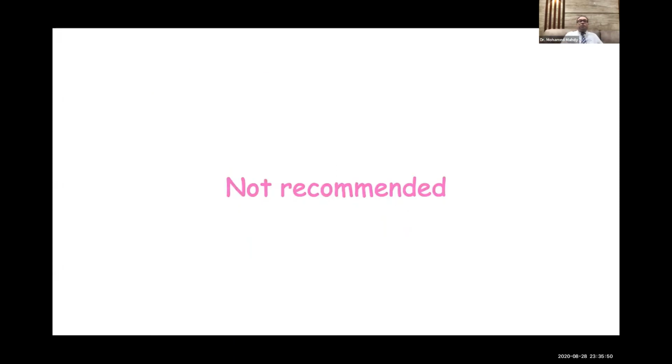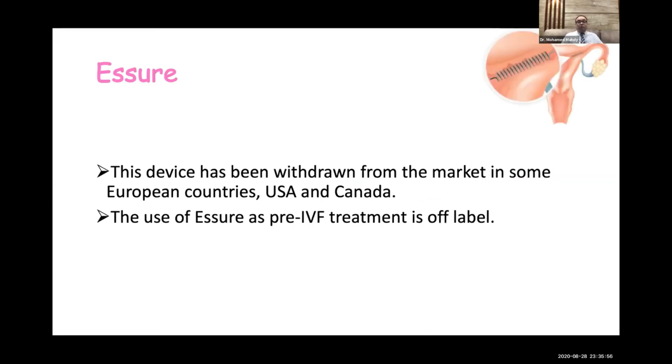Another method, which is not recommended now for treating hydrosalpinx, is the Essure system. This device has been withdrawn from the market in some European countries, the USA and Canada. Also, the use of Essure before IVF is off-label, because it's only a contraceptive coil inserted inside the fallopian tube, not for treating hydrosalpinx.